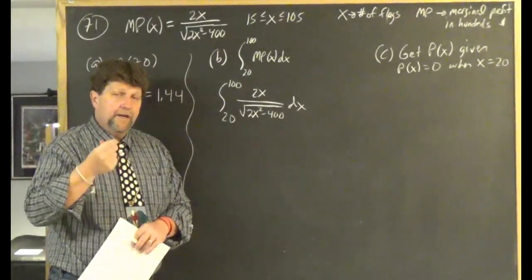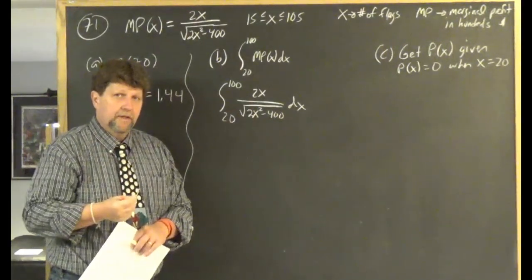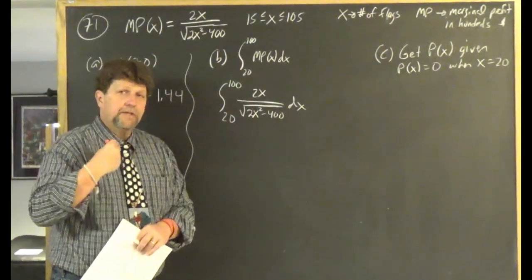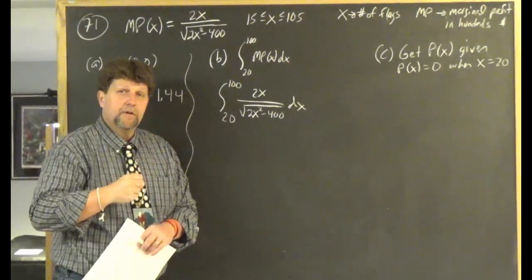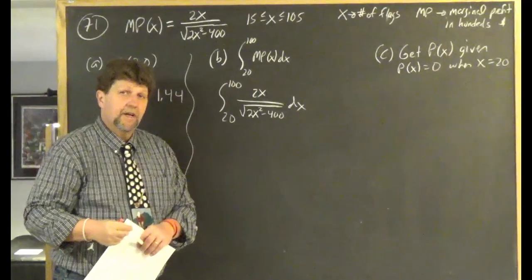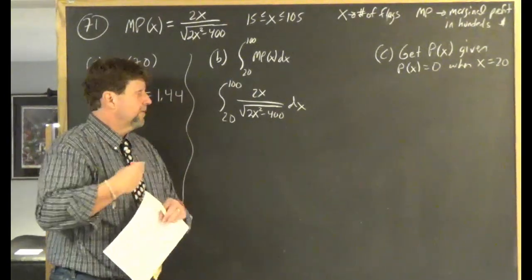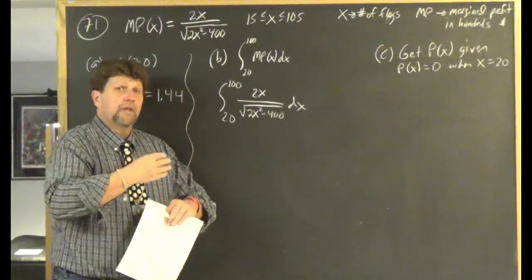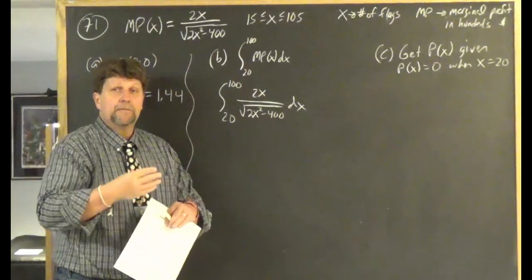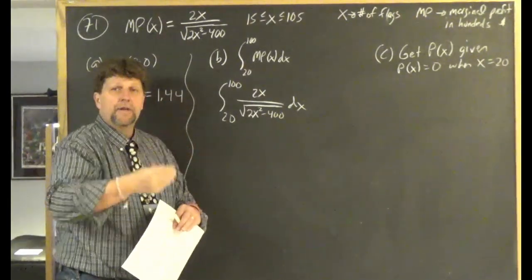When you integrate a rate function, it gives you a total accumulation. It gives either a total increase or a total decrease. Increase if you have a positive number, decrease if you have a negative number. So I'm kind of thinking that integrating this rate function from 20 to 100 is going to tell me a total increase or a total decrease in profit from selling 20 to 100 of these flags.